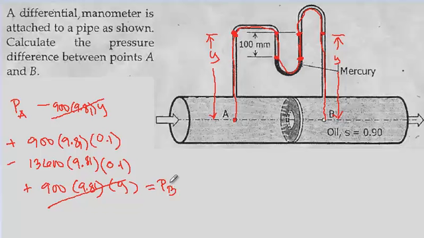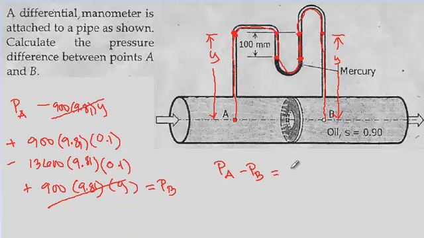So we start from PA, trace through, and end at point B. What we are looking for in this problem is really PA minus PB. So we group PA there, and PA minus PB will then be equal to these terms.